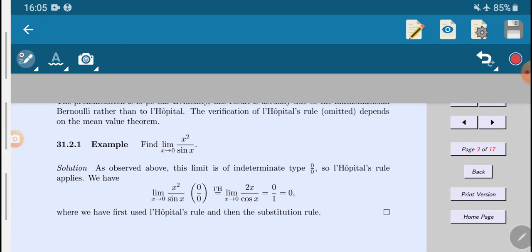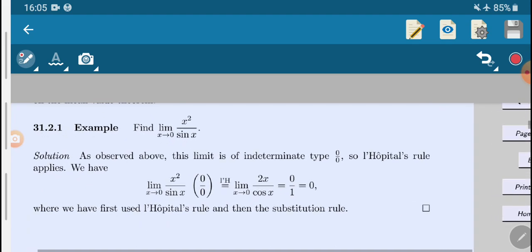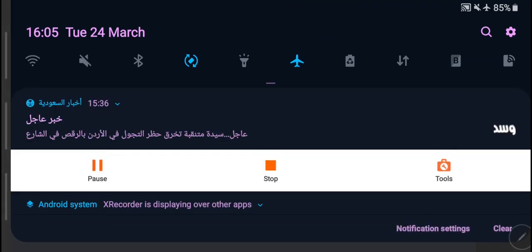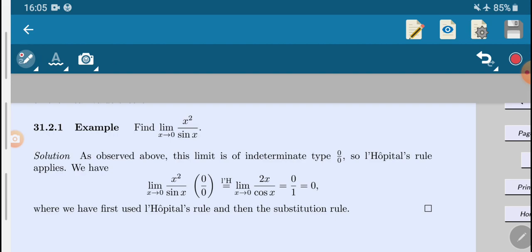First, we have an example here. How to determine the limit when x tends to 0 of x squared over sine x.